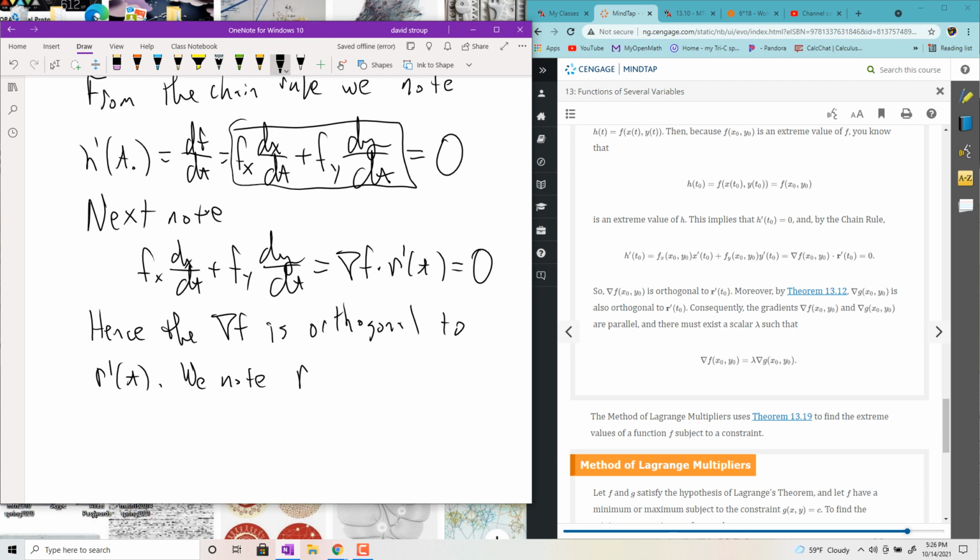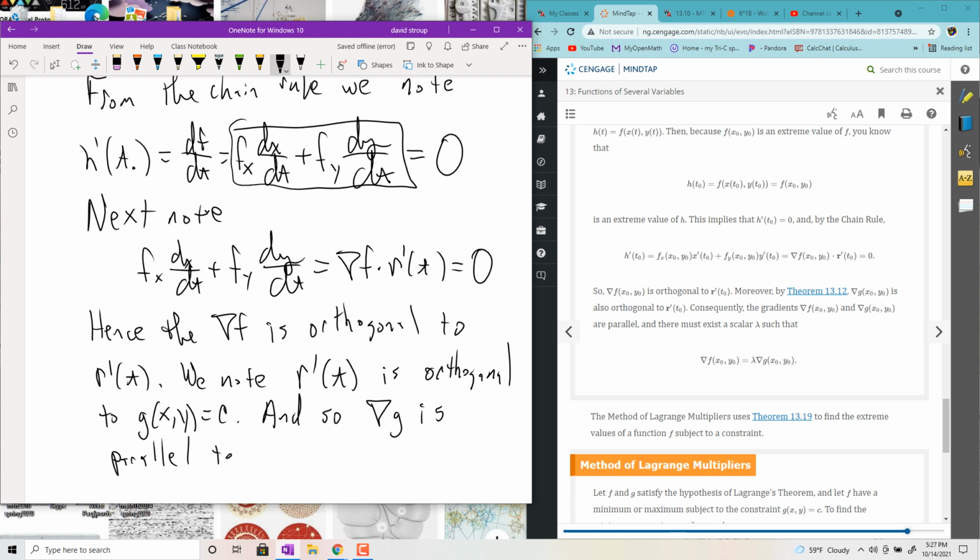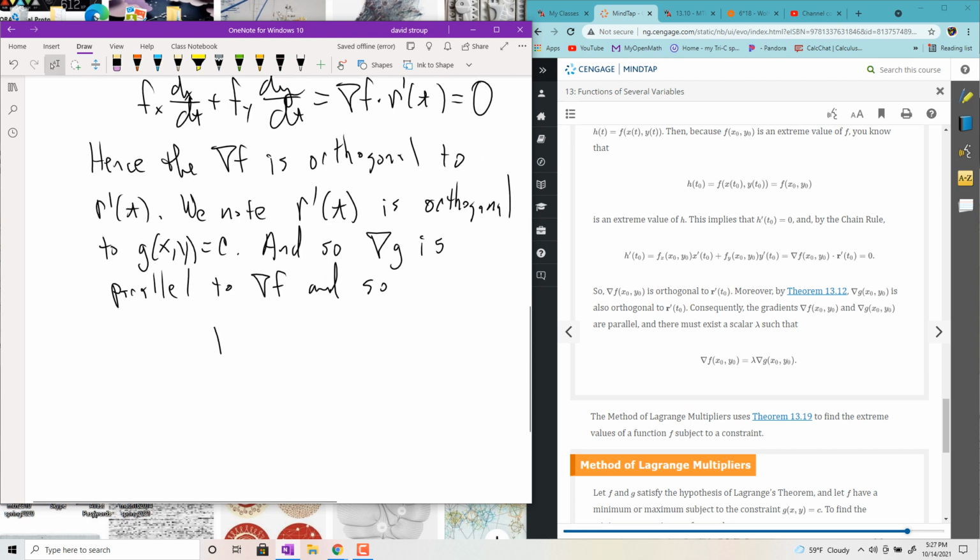So r prime of t is orthogonal to the level curve g of x comma y equals c, and so the gradient of g will be parallel to the gradient of f. So you have that statement in Lagrange's theorem: the gradient of f is going to be a constant multiple of the gradient of g at that extreme point. And from there, you get a set of equations and you can solve.